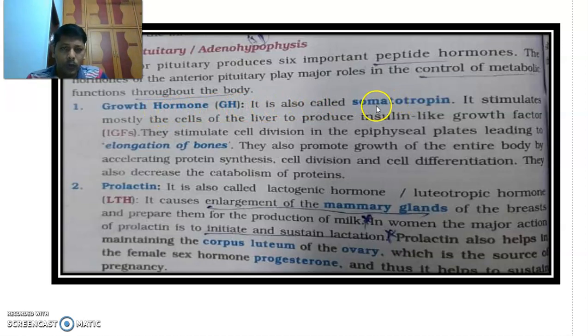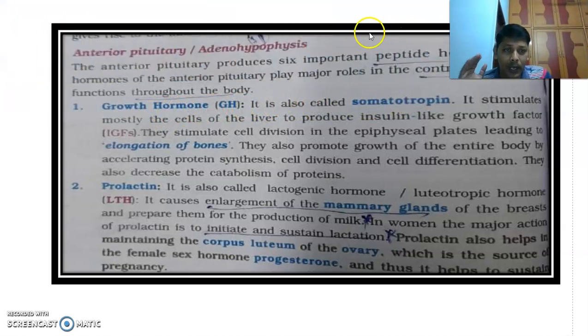It is also called somatotrophin. Don't get confused by these three terms: somatocrinin, growth hormone releasing hormone; somatostatin, growth hormone inhibiting hormone; and somatotrophin, growth hormone or somatotrophic hormone, STH. Growth hormone is also called somatotrophin.